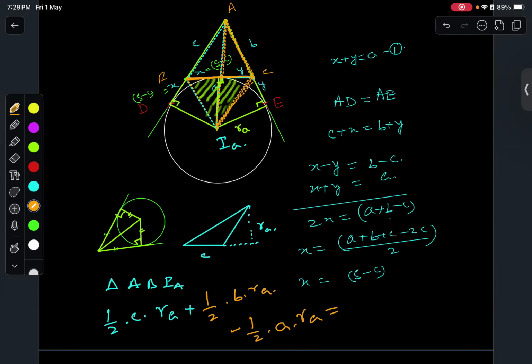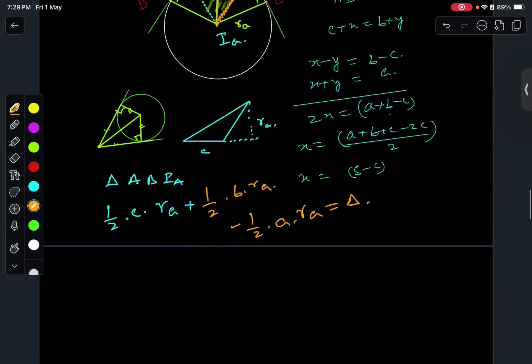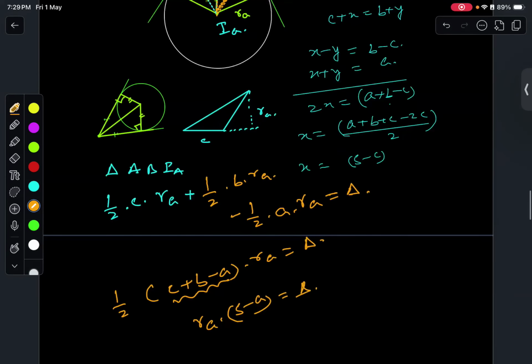Can I say now I'm getting del only? Half into C plus B minus A into RA is equal to del. Again, this is nothing but S minus A. So RA is equal to del upon S minus A.